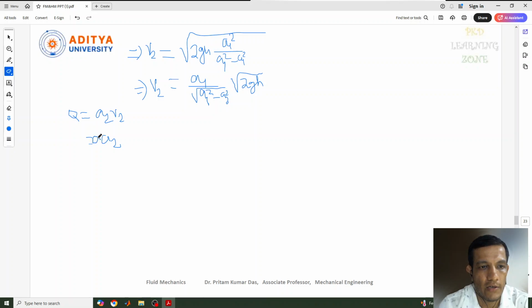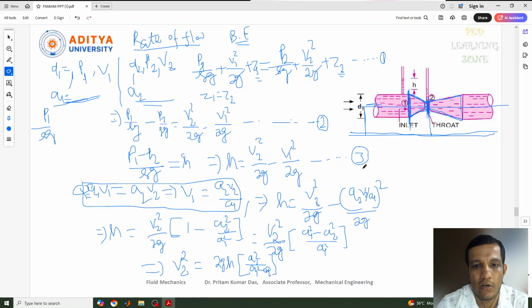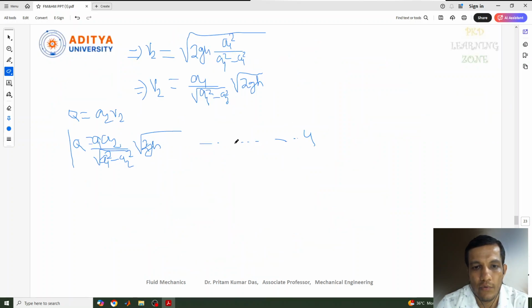So I can write A1 A2 divided by root over of A1 square minus A2 square, into root over of 2gh. Okay, so this is the equation I'm going to get from here, and this is nothing but Q, and this one we can call equation 4. I hope up to 3 it is clear, next we can give it 4.